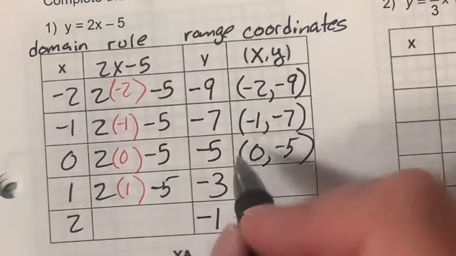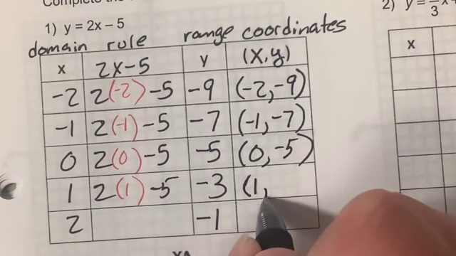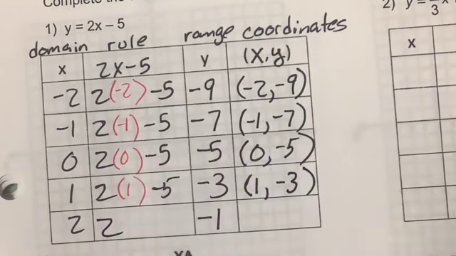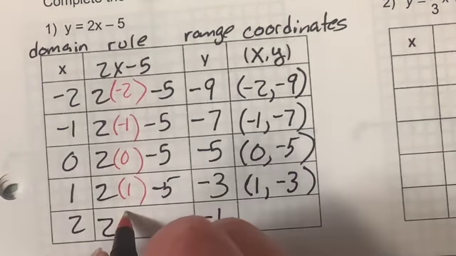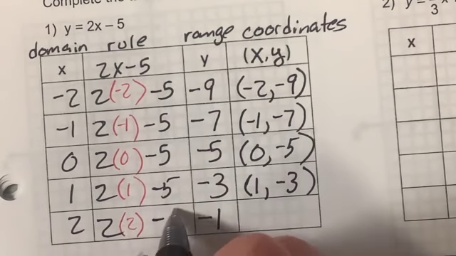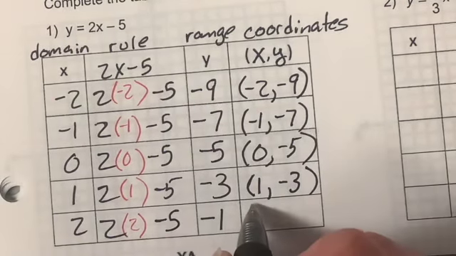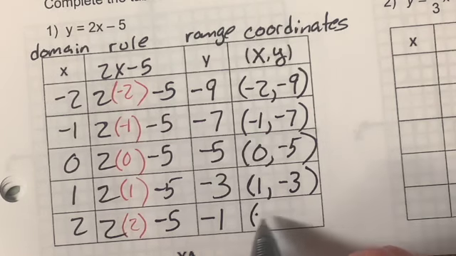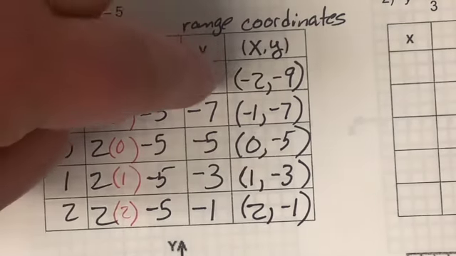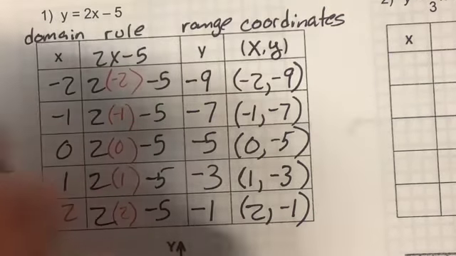Now, I can't write that down until I do it, but look, 2 times 2 is 4. 4 minus 5 is -1. So (2, -1). Now there's all my points that I'm going to graph, the coordinates of the points.